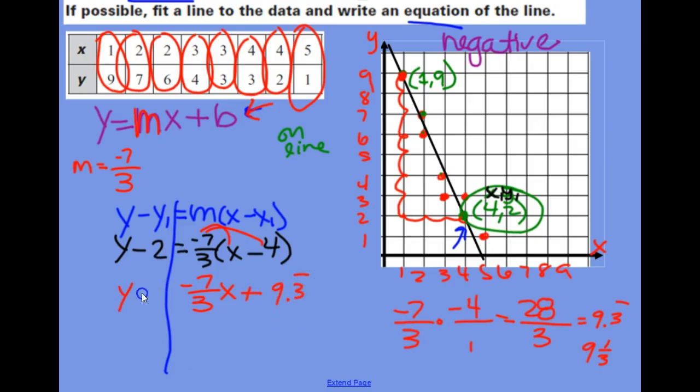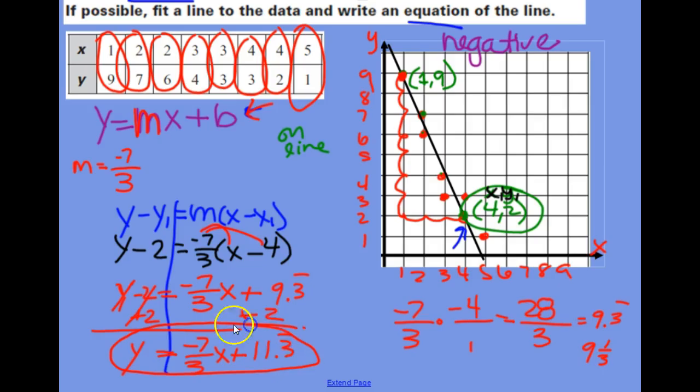It doesn't matter. It's the same thing. Oops, not y equals, y minus 2. And then to get y by itself, we need to add 2. So we have y equals negative 7/3 x plus 11.3 repeating. And that makes sense. 9, 10, 11.3, it would cross it about there.